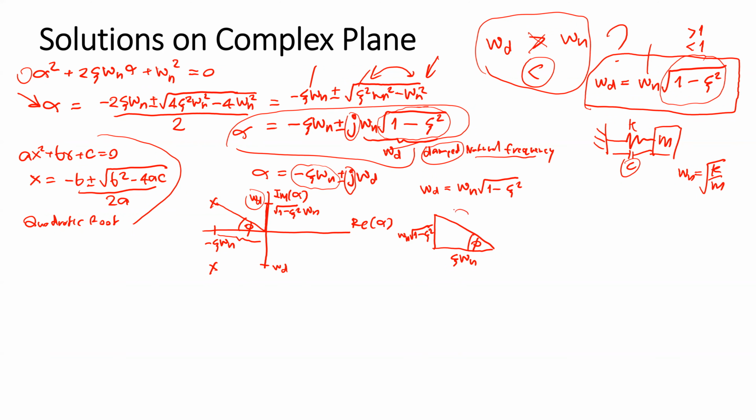What should be the length here by Pythagoras? The horizontal length? 1. Yes, but don't forget to multiply by omega n, right?